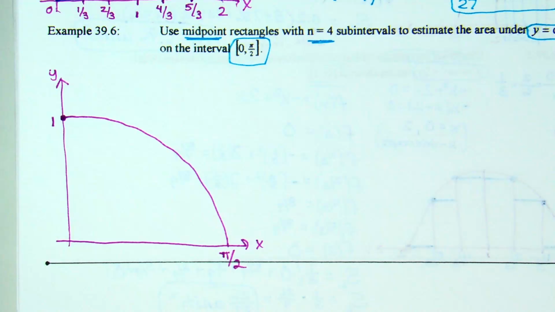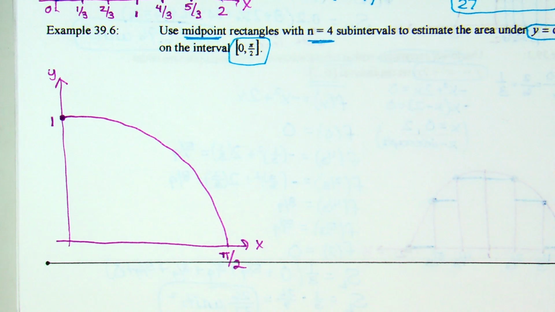Well, pi over 2 happens to be where it crosses through the x-axis. So it's kind of like a corner of a parabola again. Cosine goes like this, right there, is pi over 2. Okay? That's cosine.